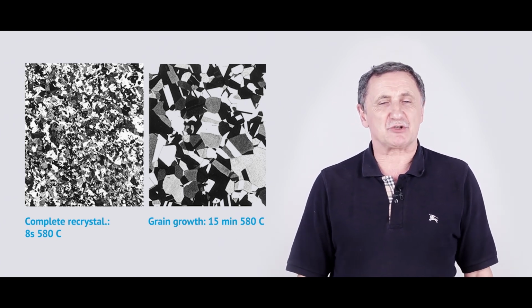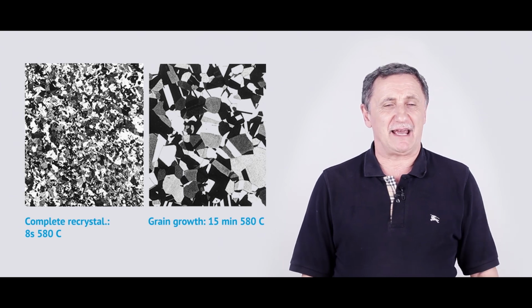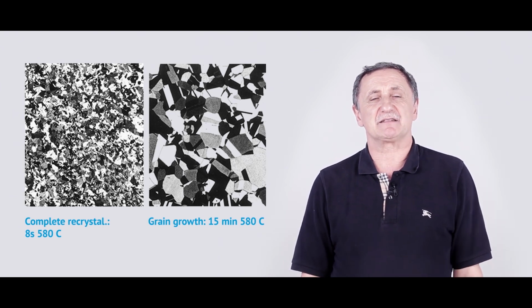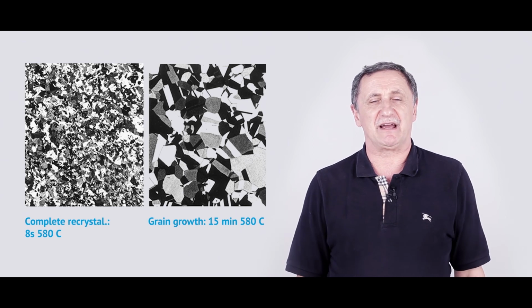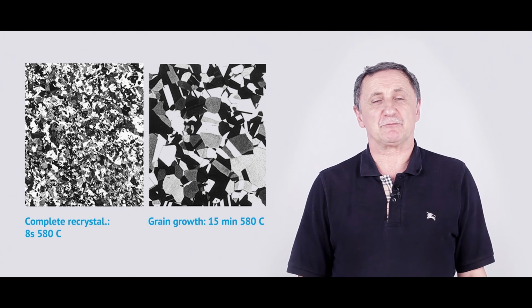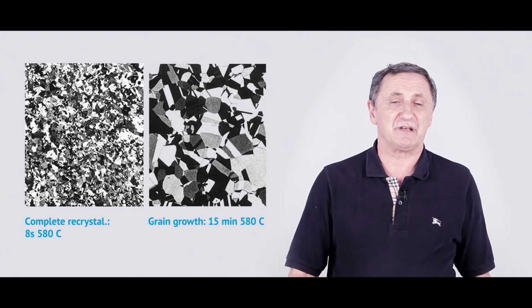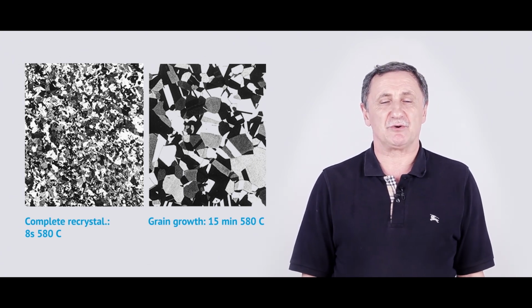And so we can stop this process at any stage and obtain material with the desired grain size which corresponds to the desired mechanical properties of this material, for example, sigma yield, TS, ductility, and so on and so forth.